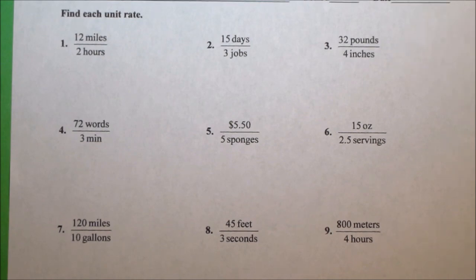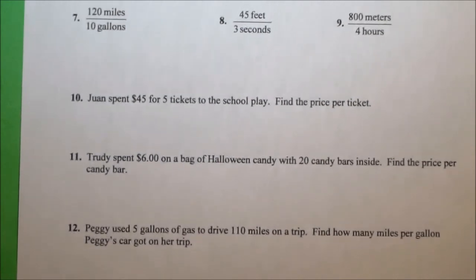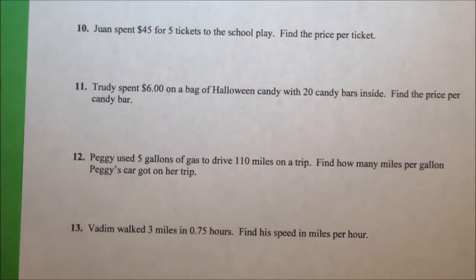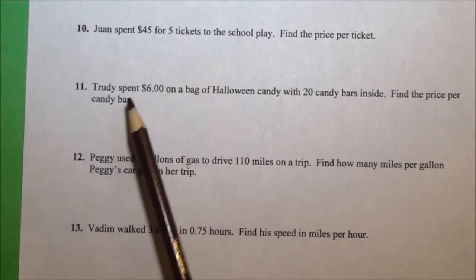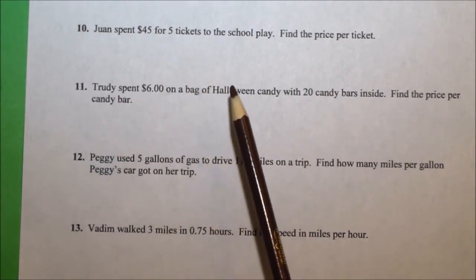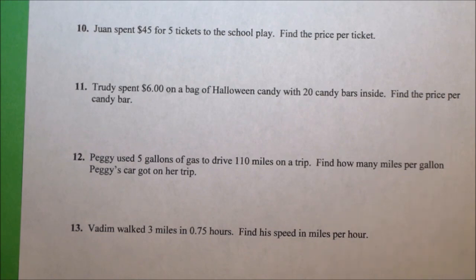Don't forget your unit labels. That's it. 10, 11, 12, and 13 are ones like I did in the practice problems, and we did one in the notes as well. So you've got to be able to pull out what is the rate, set that up, then equal sign, set up the unit rate, and don't forget your answer sentence for each one of those.